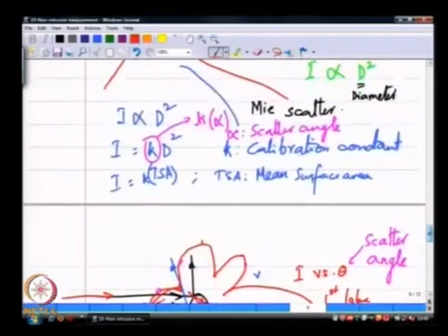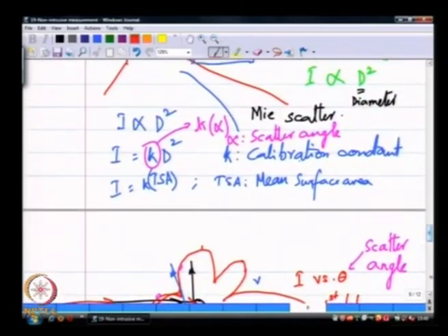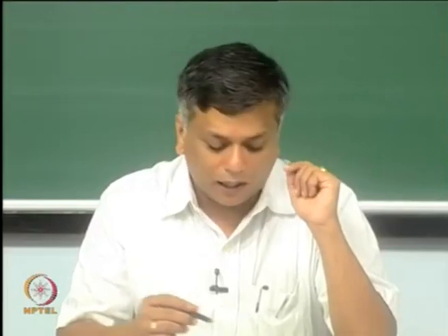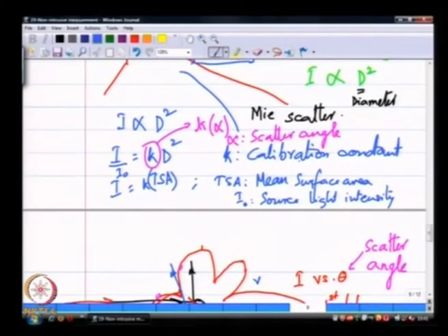if I go back for a moment, this I is the scattered light intensity. Really speaking, I should strictly write this as I by I naught, where I naught is the source light intensity. So, for the same I naught, if I increase I naught for the same d, I am likely to get a higher intensity of the scattered light back towards the camera.